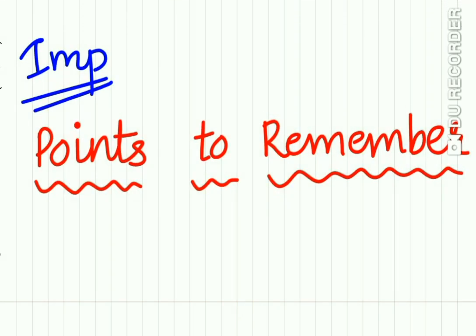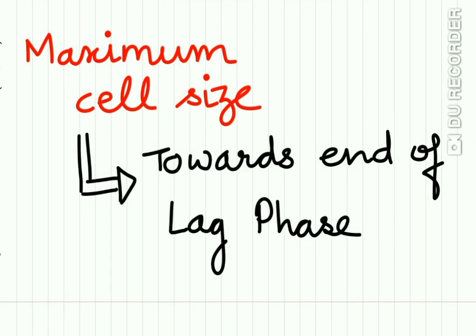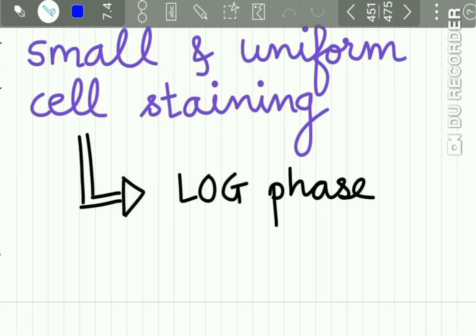Now, let us consider some of the important points to remember and which are frequently asked from the topic bacterial growth curve. Now, the maximum cell size is attained towards the end of the lag phase.